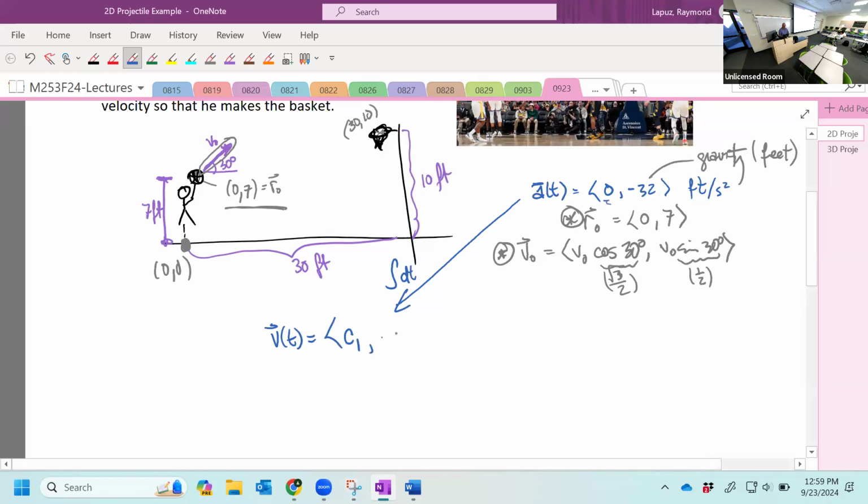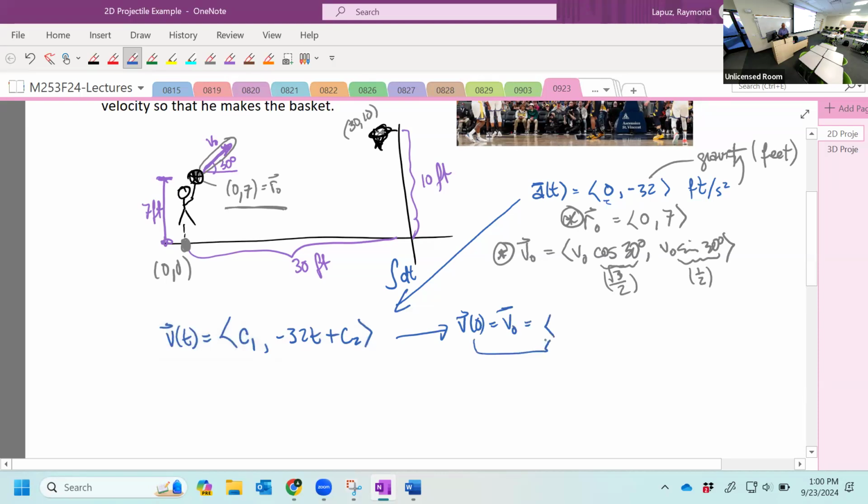And then this is negative 32t plus another constant C2. And to figure out what C1 and C2 are equal to, we can set t equal to 0 and get our initial velocity. So v of 0, the vector, is equal to the initial velocity, the vector.